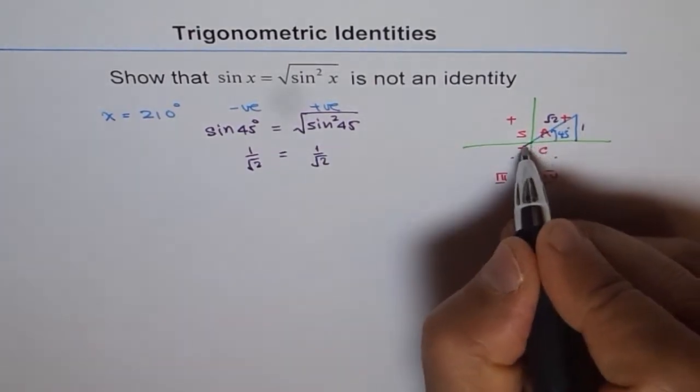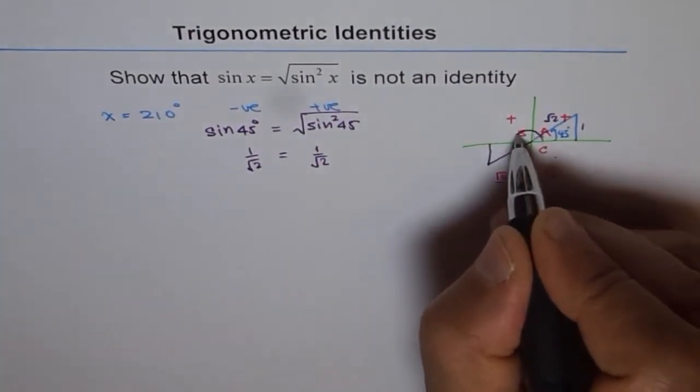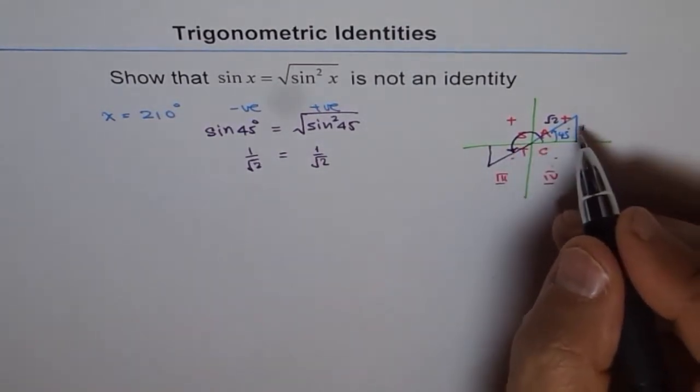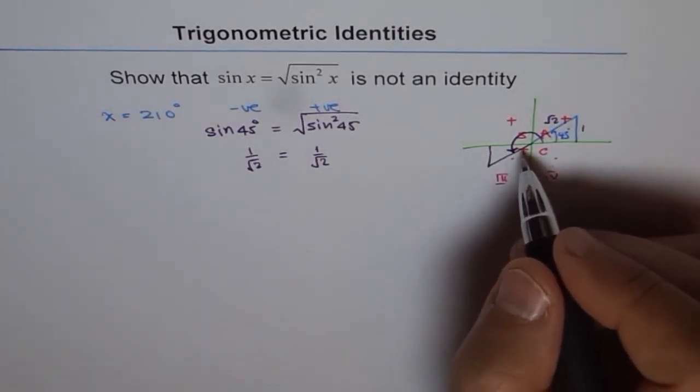But if we have 180 plus 45, then what happens?